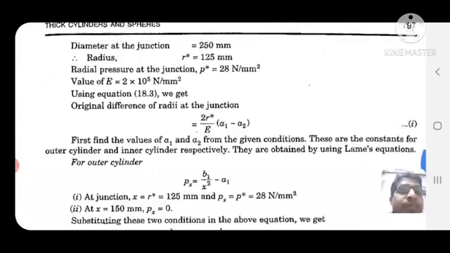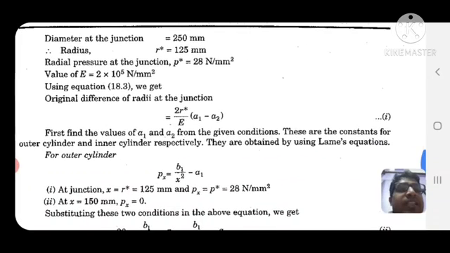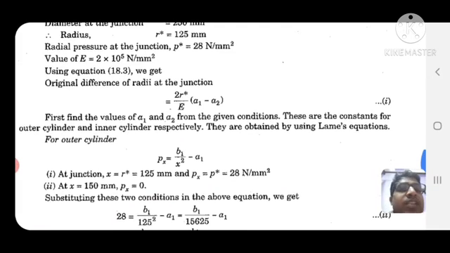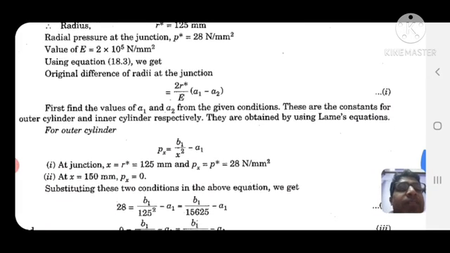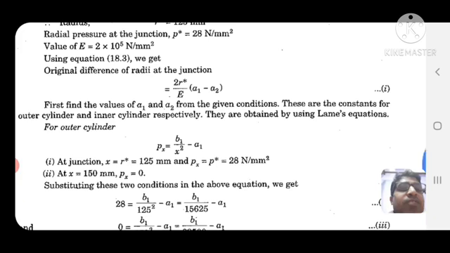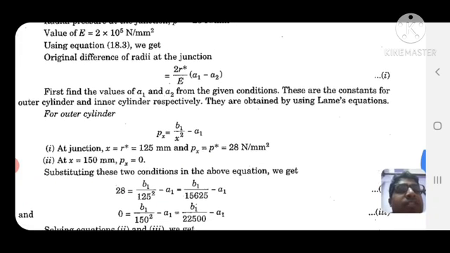Now the diameter at the junction equal to 250 millimeter, radius R star equal to 125 millimeter. Radial pressure at the junction P star equal to 28 Newton per millimeter square. Value of capital E is equal to 2 into 10 to the power 5 Newton per millimeter square.